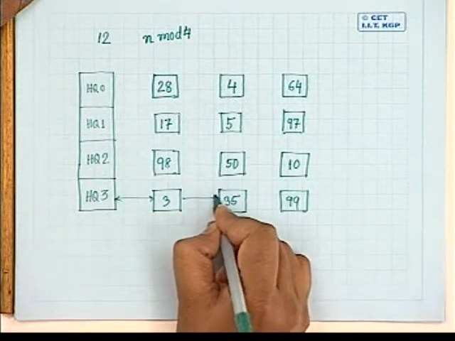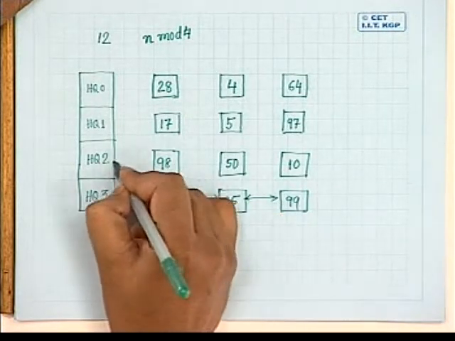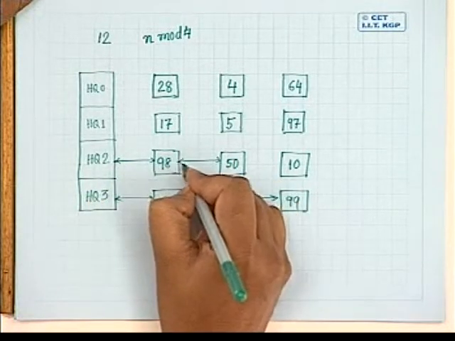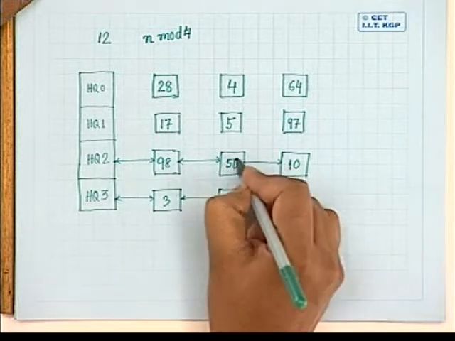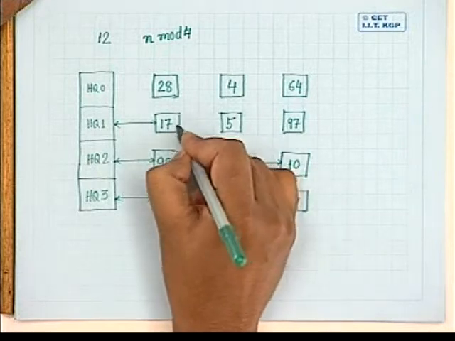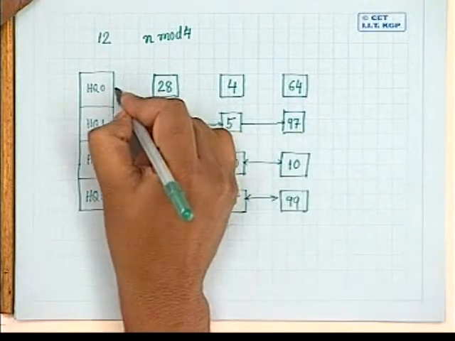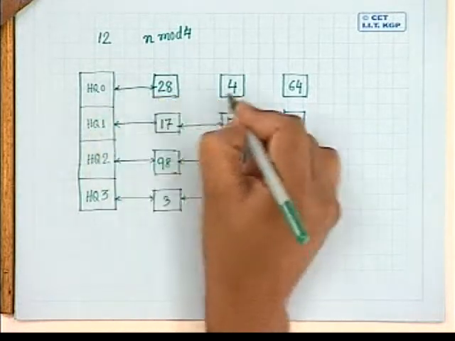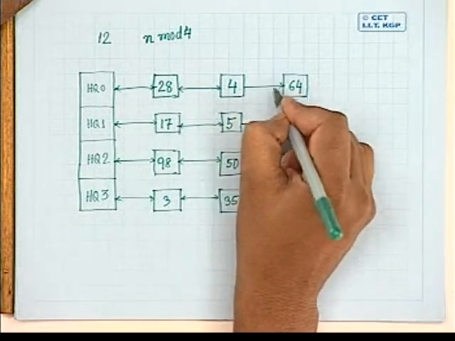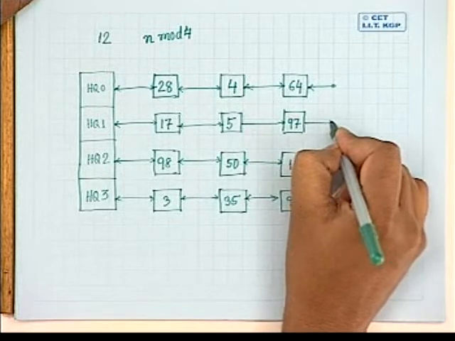Because they are bidirectional queues, let me put bidirectional arrows like this. Something like this. There may be other buffers also in the same hash queues.